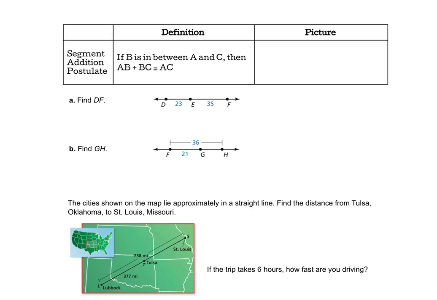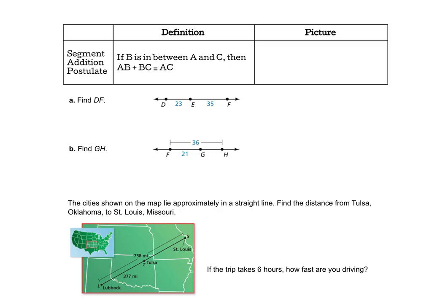Segment addition postulate. To give you a visual of what's going on here, I like to use visuals if I can. If I took one of the straws that we had yesterday, here was our original straw. If I told you that this straw was 7 inches long, 7 centimeters long, whatever, and I separated it, and this one is 2 and this one is 5, when I put those together, that has to make a total.